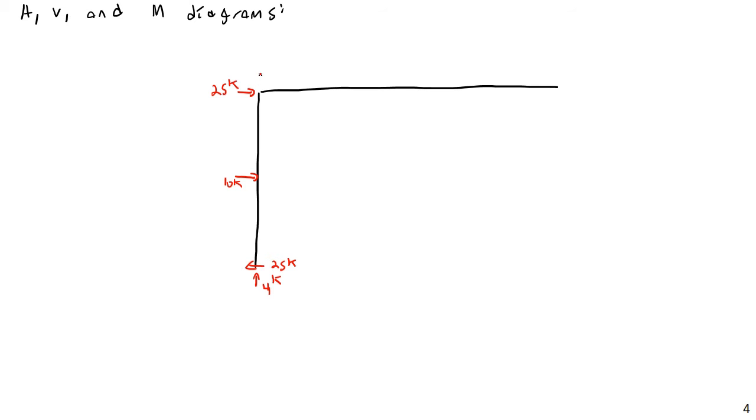Then I'm going to have a downward distributed load of 4 kips per foot. So a distributed load of 4 kips per foot. And an upward reaction of 36 kips.